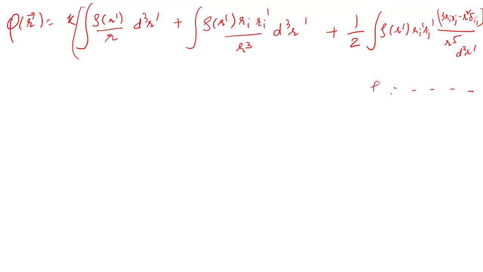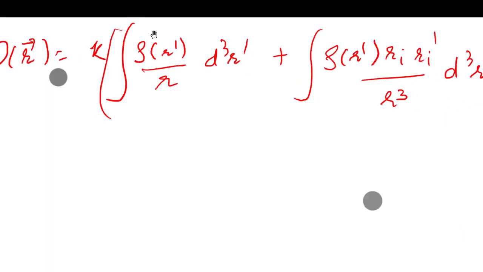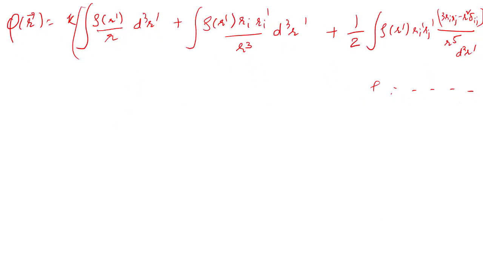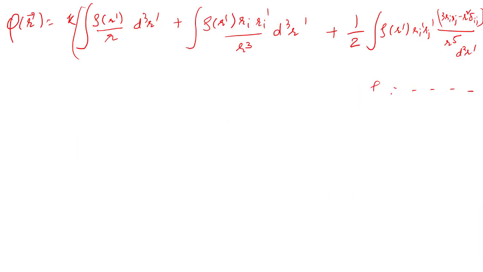Now if I look at this integral term, you see that the integral is over r prime, because you're going over each cell and then looking at how much potential is coming from that cell. So r is independent of that, and you can pull it out.